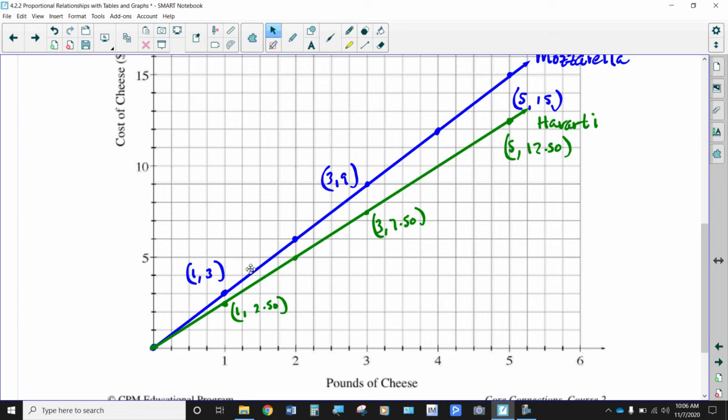Now think about buying gasoline at the gas station. You can buy 1 gallon of gas, you can buy 2 gallons, but you can buy any number of gallons. You can buy 7.34 gallons just by pumping it into your car. So in a situation like that, it makes sense to connect the dots because all of these are in play.